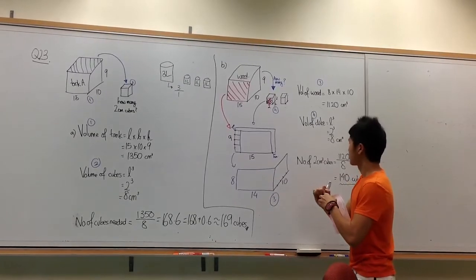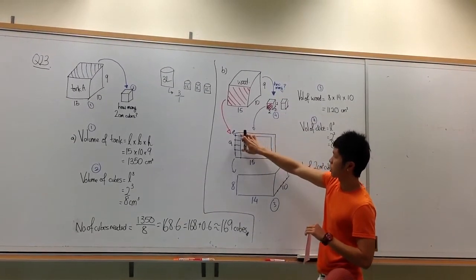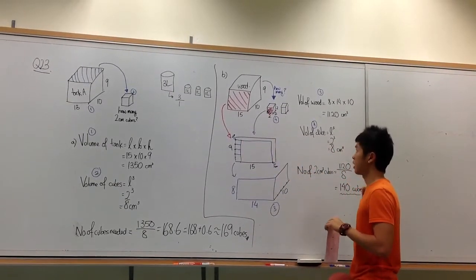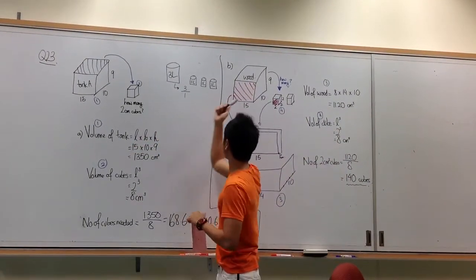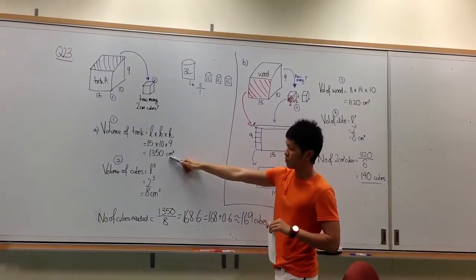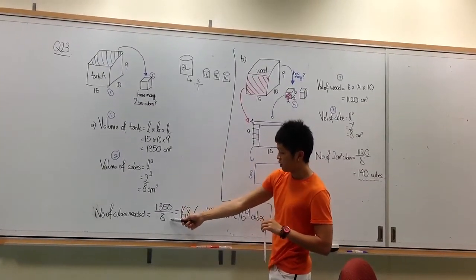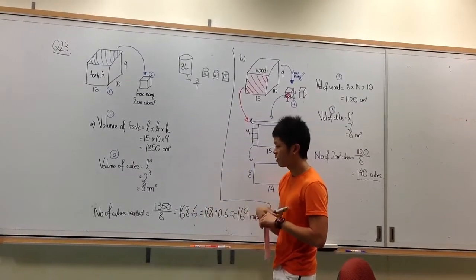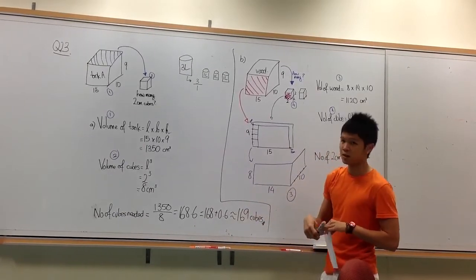Okay? So one thing to note, you have to make sure that you do not account for this 1 cm extra. I know some of you might be tempted to do like how you did in part A, whereby you just calculate the volume of the wood, which is 1350 divided by 8, and you get 168.6, and you tell me that, oh, I round down now because I can't form a 2 cm cube with the remaining 0.6.